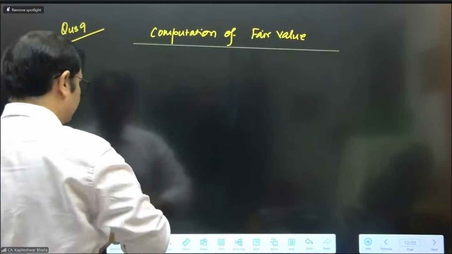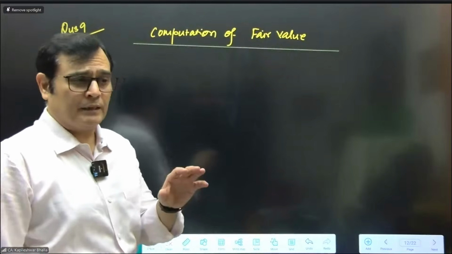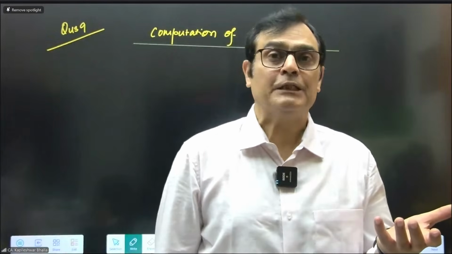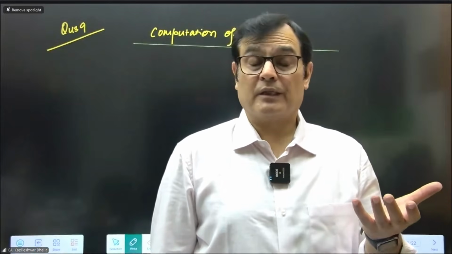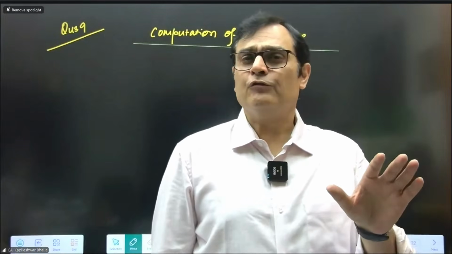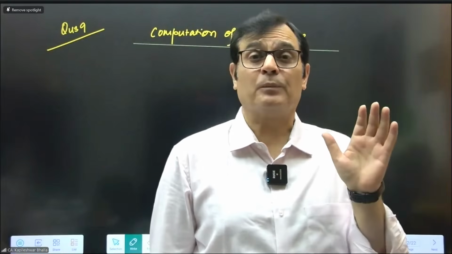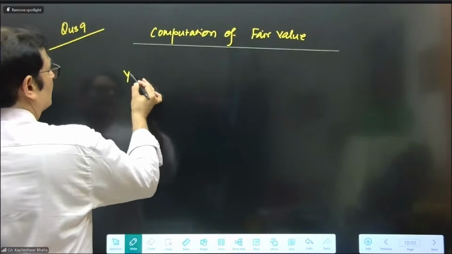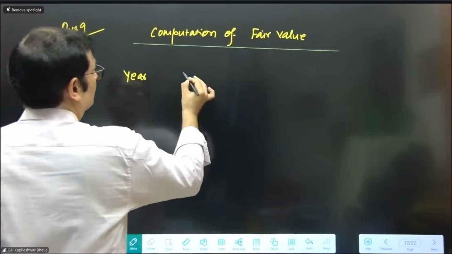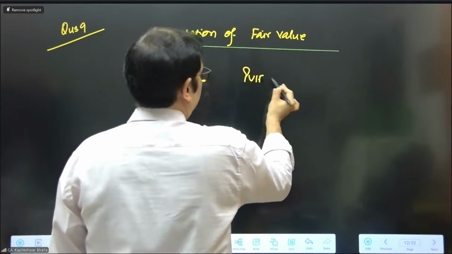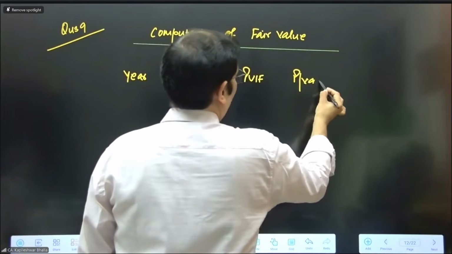So in terms of the computation of the fair value, as a lessee, I'm not getting any interest on the deposit. So the only inflow is the refund of the principal at the end of the fifth year. So in terms of fair value, we can take the amount, discount it, and get the present value.